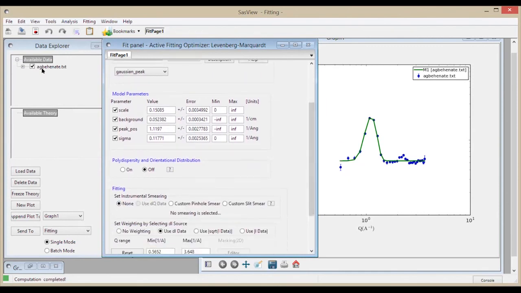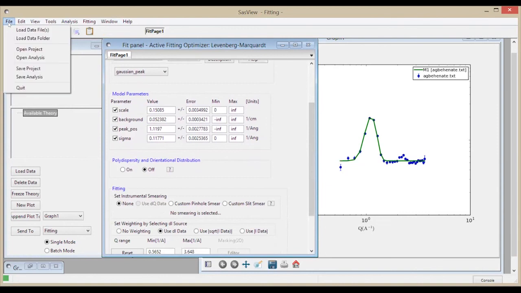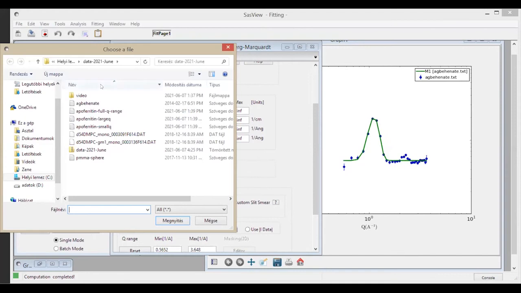So let's now select other data. Again, from the menu bar at the top, we choose load data, and if we take the simplest model, it is a sphere.